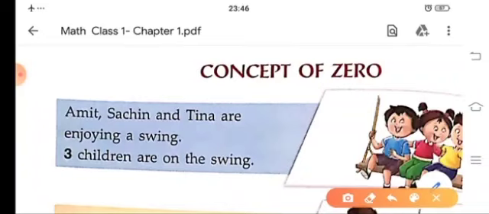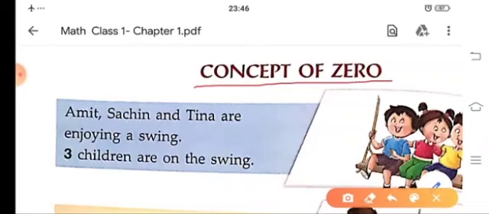Now, children, today is the second class of maths, and in this session we are going to learn the concept of zero and what comes before, after, and in between the numbers. So, children, concept of zero.